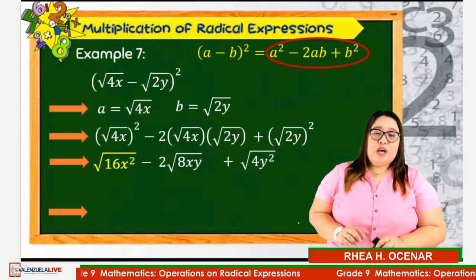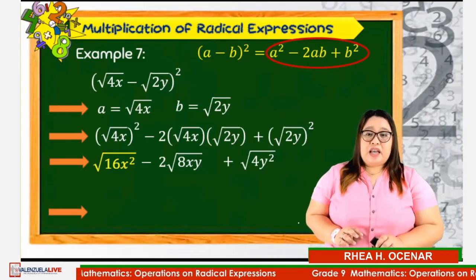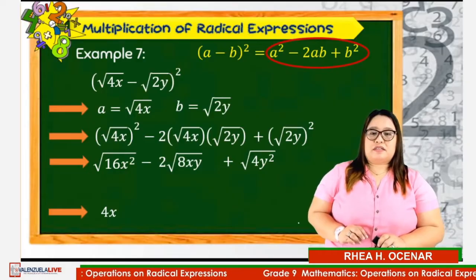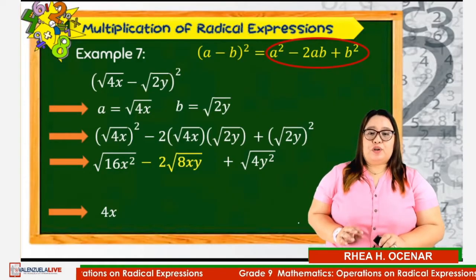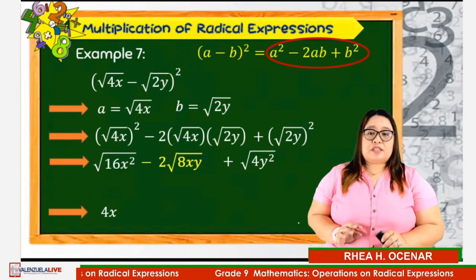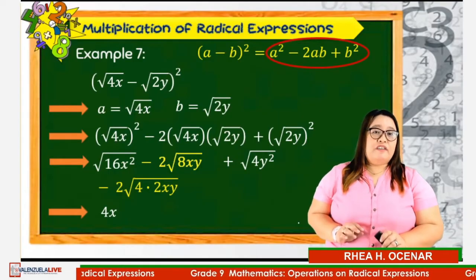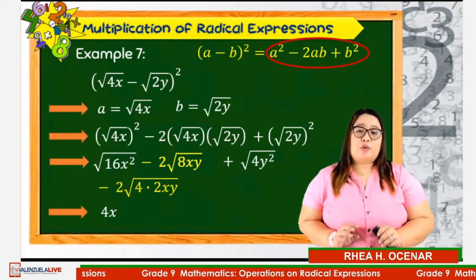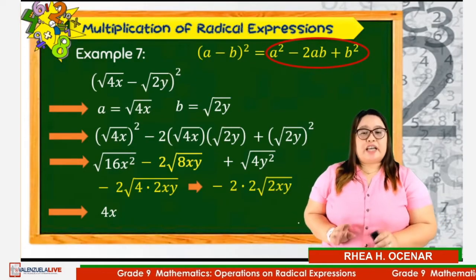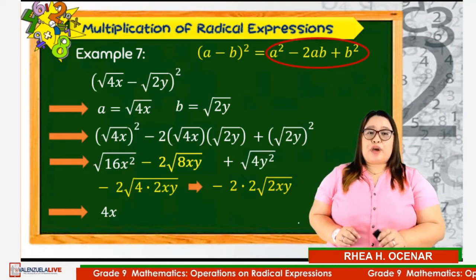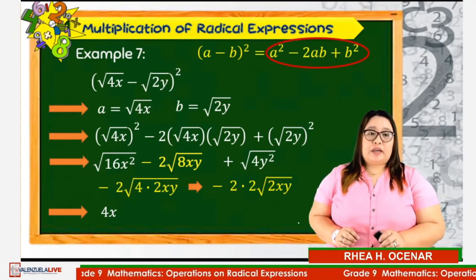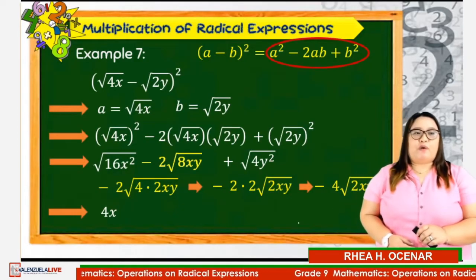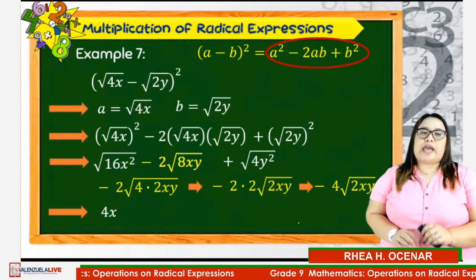Simplifying, we have now square root of 16x squared is equal to 4x. Negative 2 square root of 8xy, we have negative 2 square root of 4 times 2xy, which is equal to negative 2 times 2 square root of 2xy, equals negative 4 square root of 2xy.